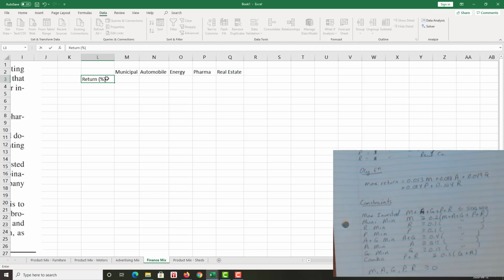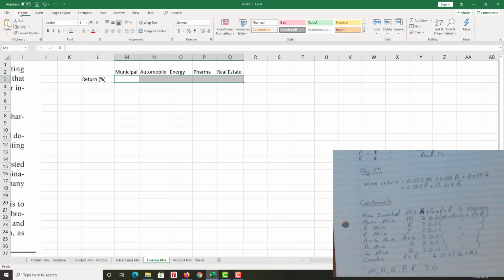However, if we're trying to represent this to a client, we want to keep the sheet in terms that are comfortable or that a client can relate to, and so we'll leave it as percentages. In order to do that properly, I need to highlight the 5 cells in which the percentages are going to go. I go to the Home tab and I turn them into percents, okay?